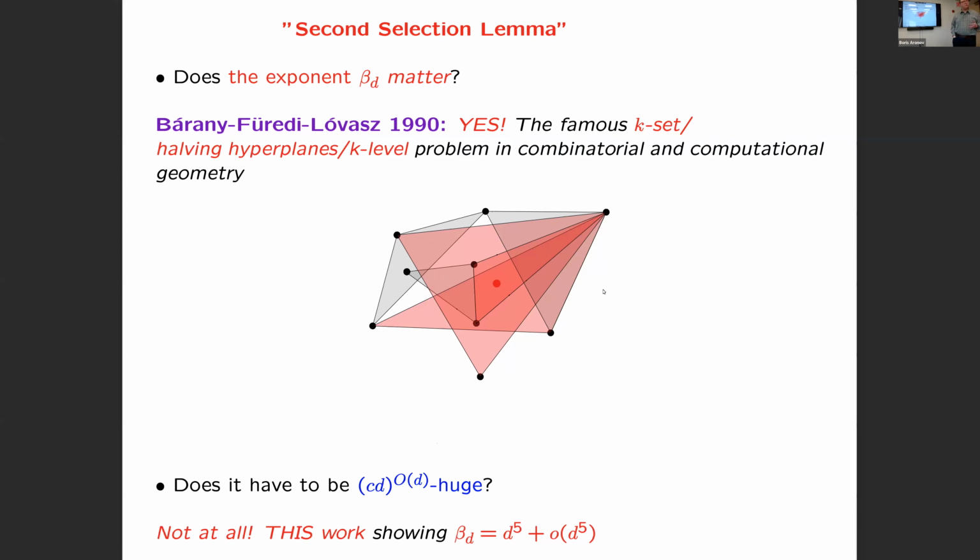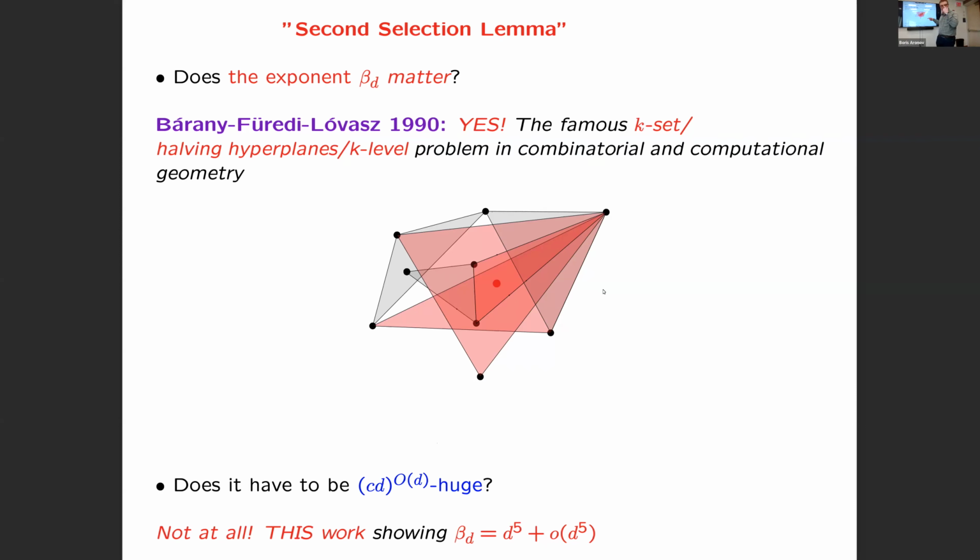So if you remove the selection exponent, you improve the bound on a very fundamental quantity which underlies the bulk of computational geometry. Okay, so it matters.